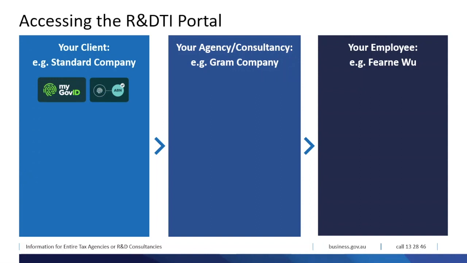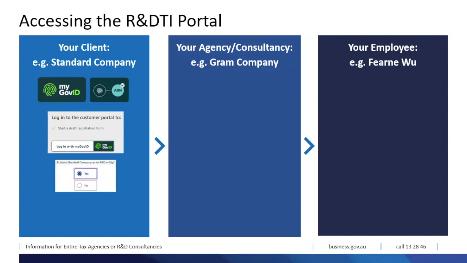They can then use their myGovID to log in to the customer portal, at which point, provided it is the first time they've accessed the portal, they will be met with the following prompt to activate their company as an R&D entity. If they wish to apply for the R&D tax incentive, they need to select Yes at this step.